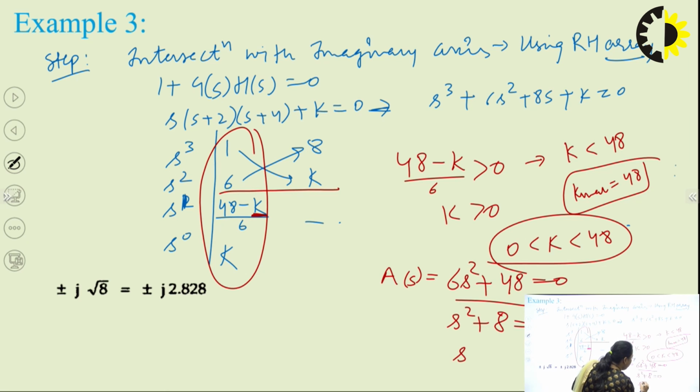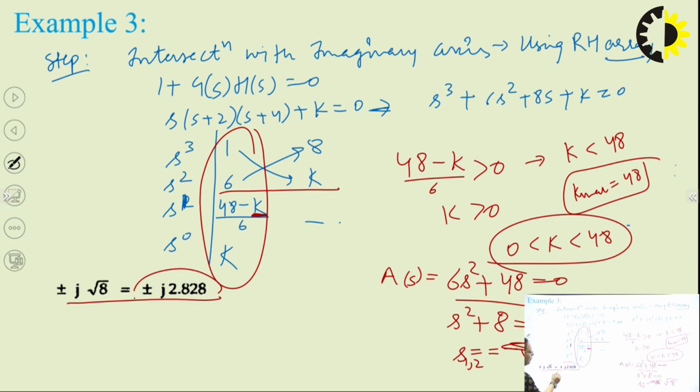So from here s1,2 will be equal to plus or minus root of minus 8, which comes out to be this.